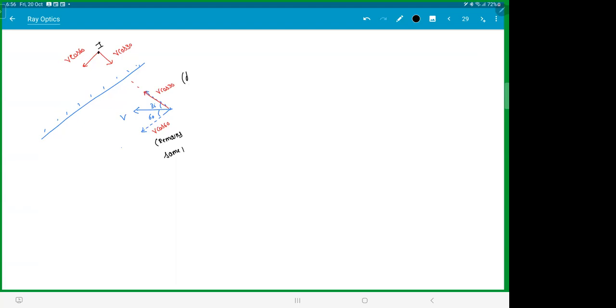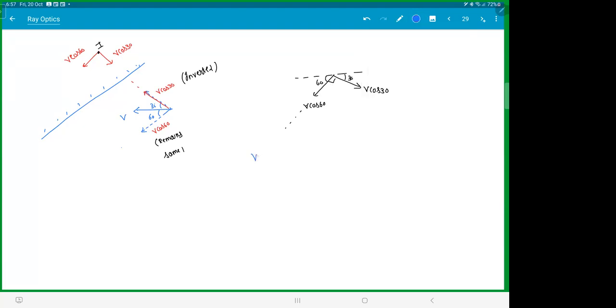This will get inverted. So basically you got two components here. V cos 30, V cos 60. This is 60, so this is 60 and this is 30, 90.